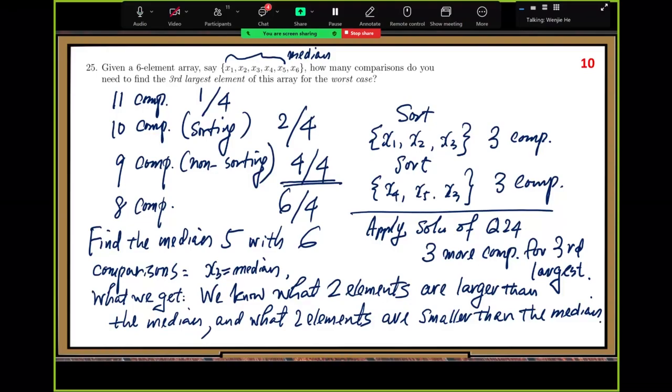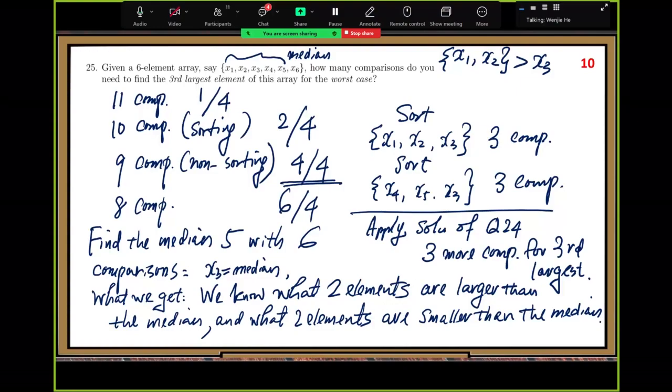We know 2 elements are larger. For example, x1 and x2 are larger than x3, but we do not know whether x1 is greater than x2 or x2 is greater than x1. If you look at the video, how did I find the median of 5?